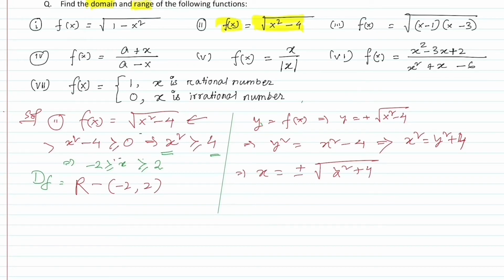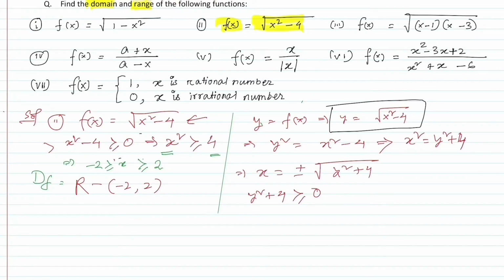Again here you see, y square plus 4 should not be negative, it must be greater than or equal to 0. I have already mentioned here that if y is equal to root over x square minus 4, this cannot be negative.